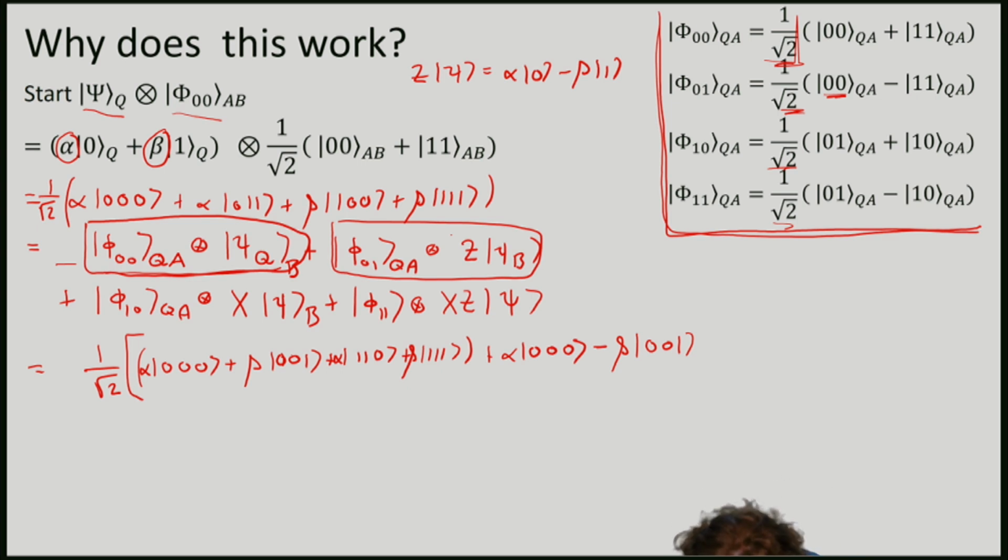So we have the first part, and now come the terms corresponding to this expression. What we have is 1 1 times the 0 part is alpha, and now we have minus with minus, so I get a plus, plus beta 1 1 1.